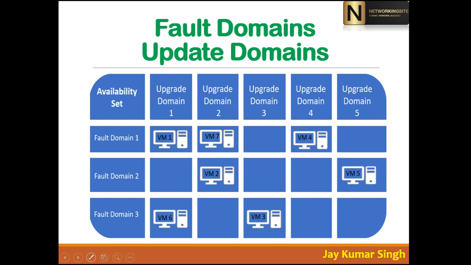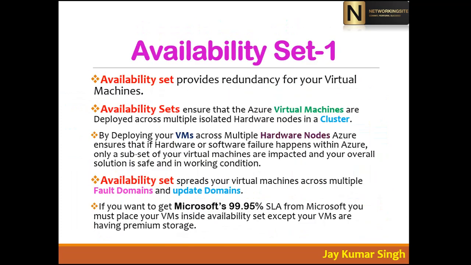Let's understand that whenever you create VMs inside availability sets, suppose you created 4 VMs, right? Automatically all these VMs will be separated and divided into update domains and fault domains, and those automatic divisions are made by Microsoft. So Microsoft handles these separations.